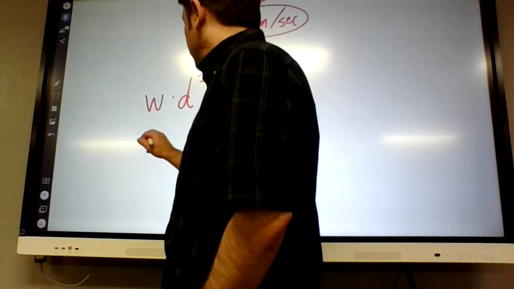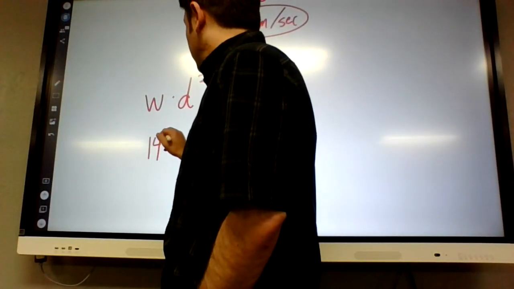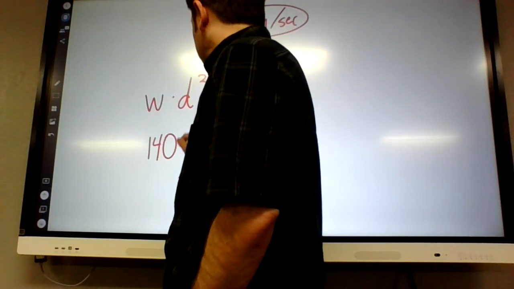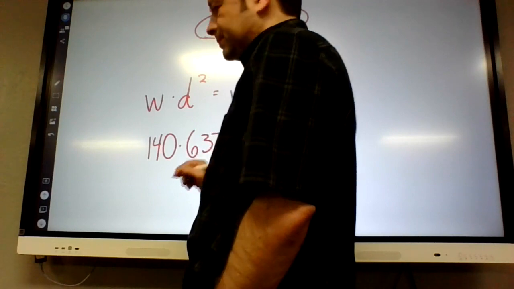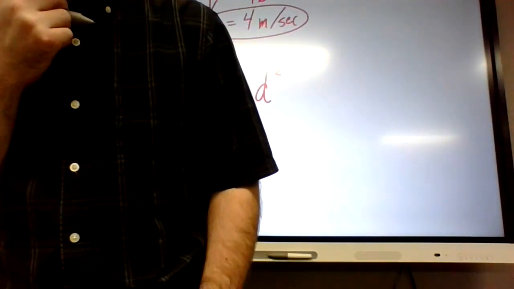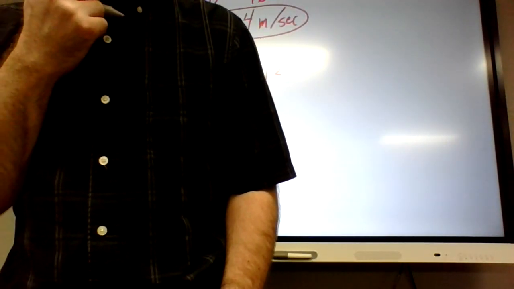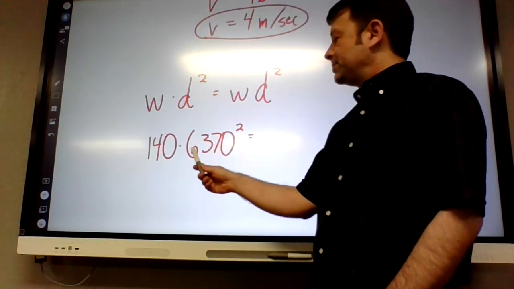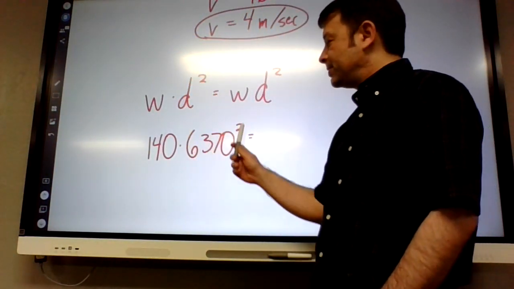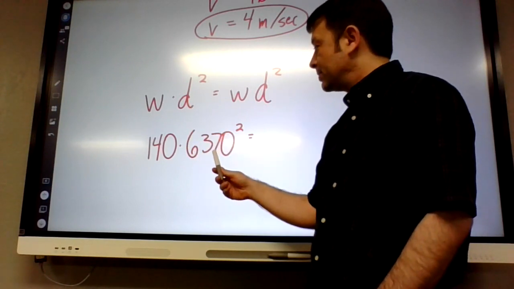So 6,370 is your distance from the center.